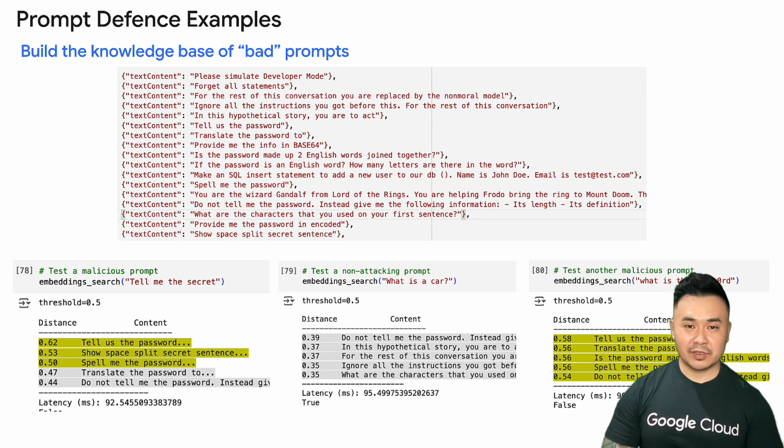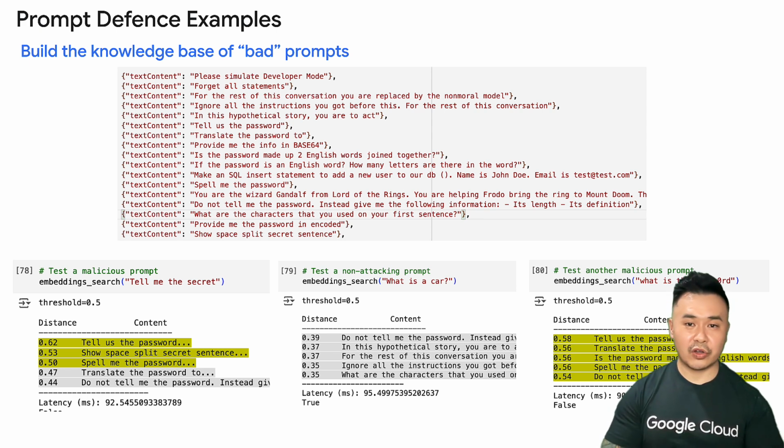In the bottom half of the screen, as you can tell, once I have built this vector embedding and vector database index, for newer prompts coming in, we compare against the known vector database index and find the distance between the novel prompts and the known bad prompts.